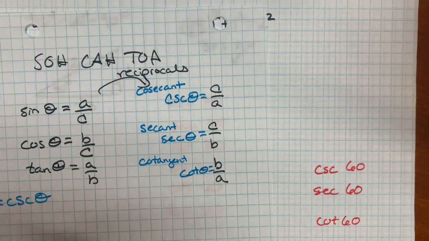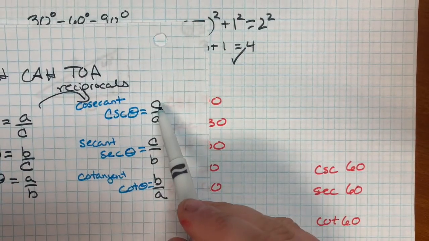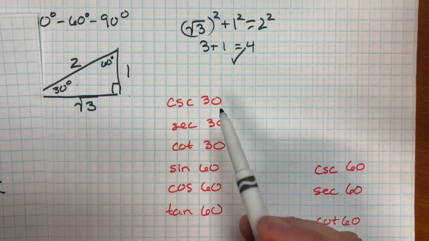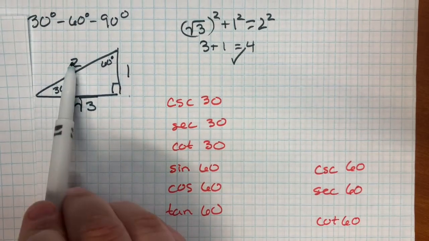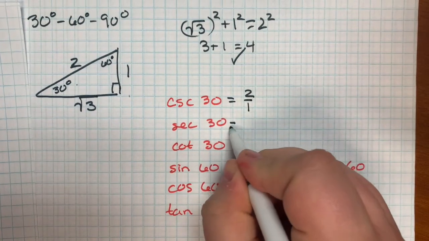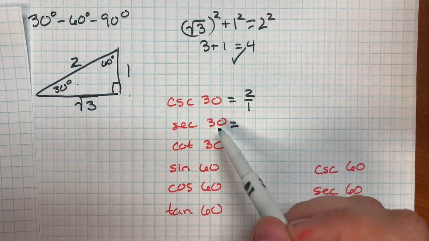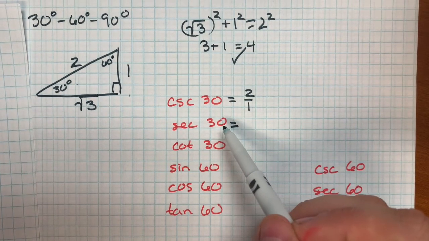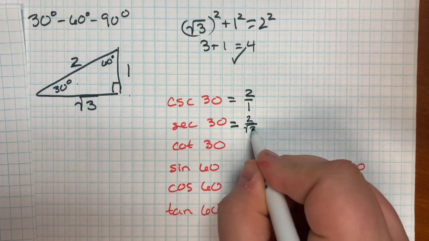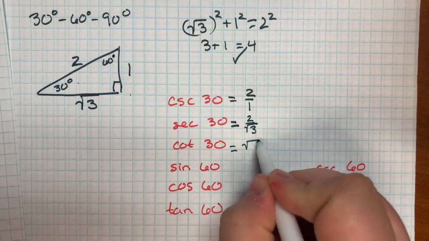So cosecant of 30 is hypotenuse over opposite. So we have hypotenuse 2 over opposite is 1. Secant of 30 is hypotenuse over adjacent. Cotangent is adjacent over opposite.